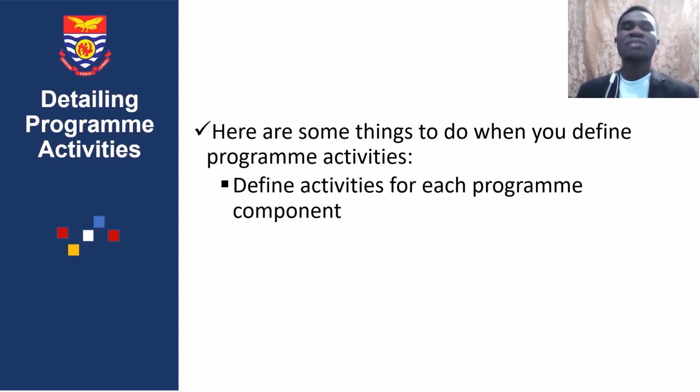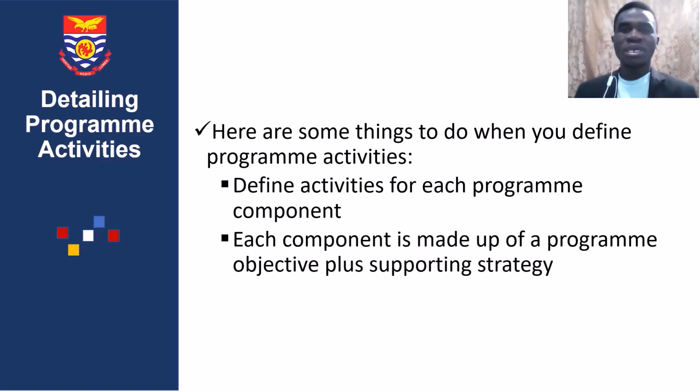And so we must define activity for each component of the program to enable us achieve that specific objective. Also, each component must be made up of a program objective plus the supporting strategy. So the objective plus the step-by-step approach in achieving that objective.